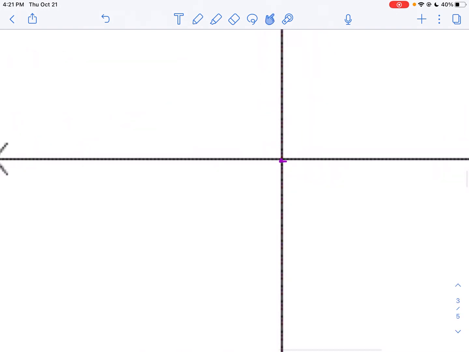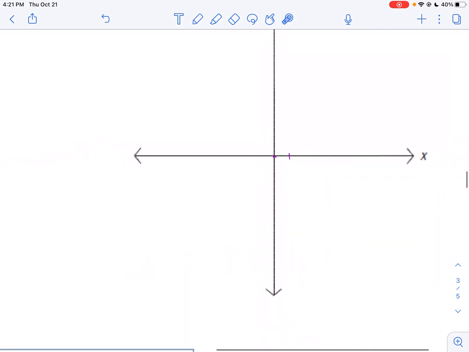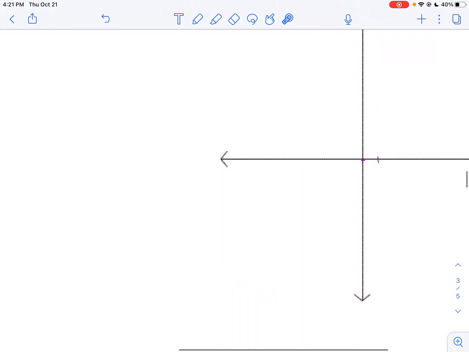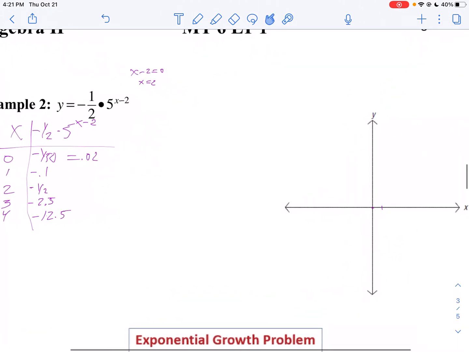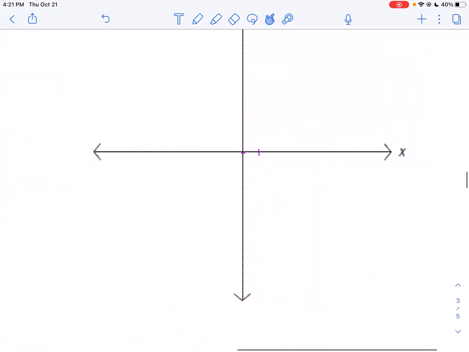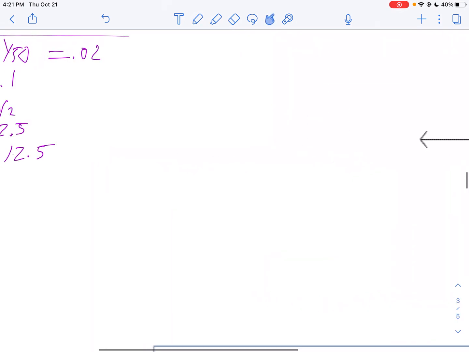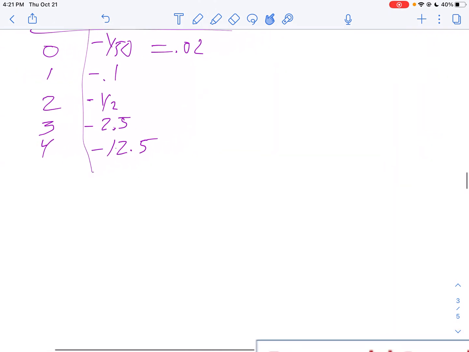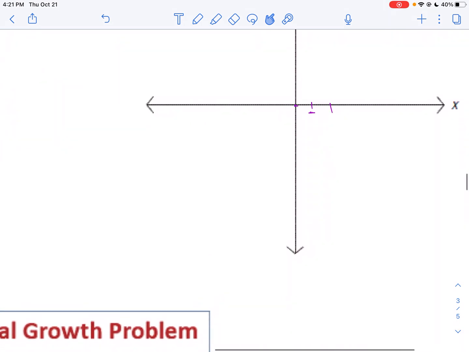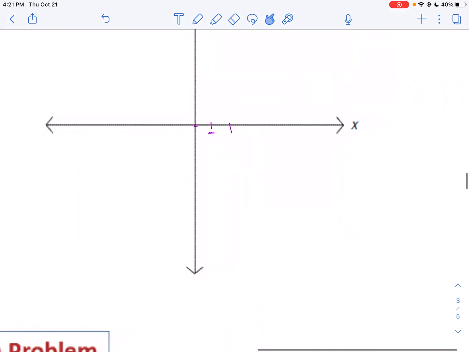Okay? When x is 1, I'm going to be at negative 0.1. So once again, not that much further down am I. When x is 2, I'm going to be at negative 1/2. So here's 1.